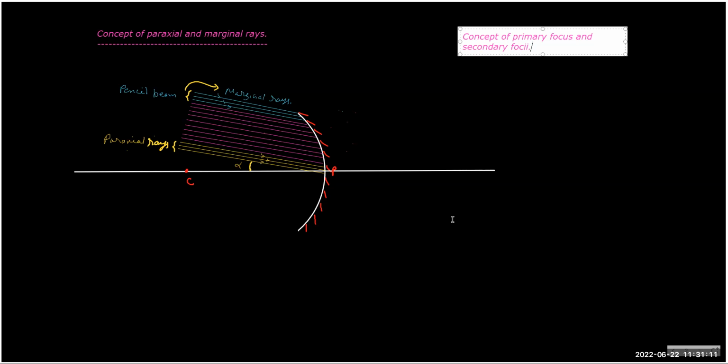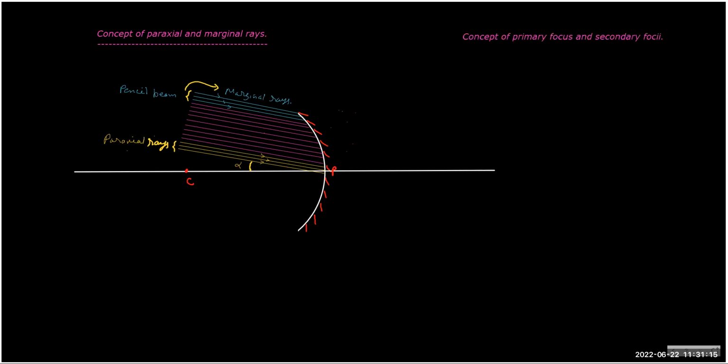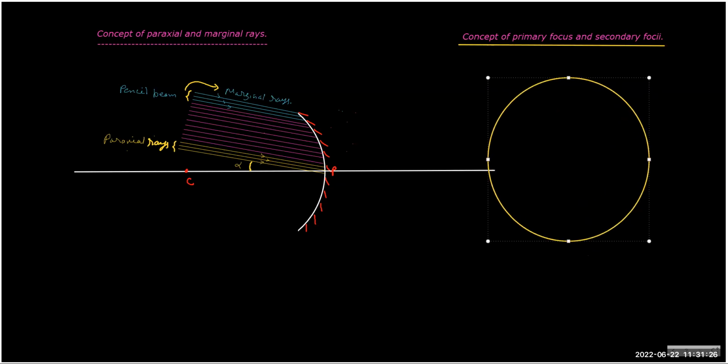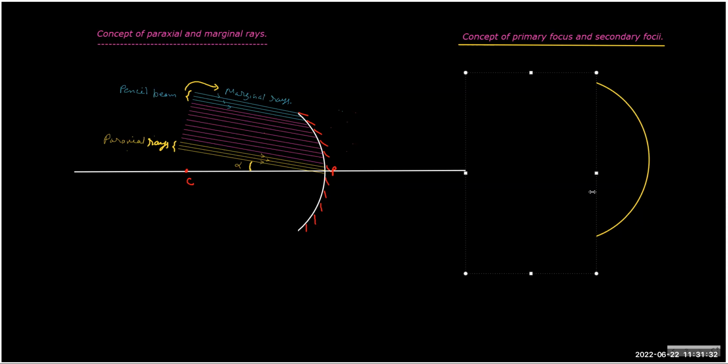So it can be anything. So what exactly is this? For that purpose, we'll redo the mirror again. So in geometrical optics, this portion is the difficult portion. Not very difficult, but slightly.